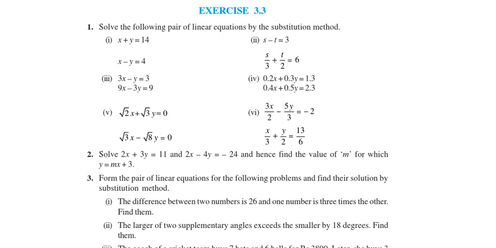I'll take up the first question, the easiest, the simplest one. That is x plus y is equal to 14, the first equation, and the second equation is x minus y is equal to 4. So this question we will solve.